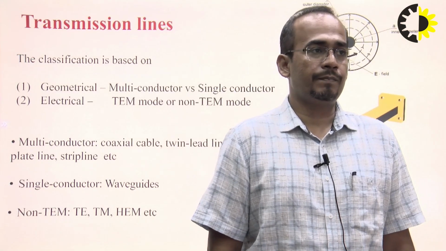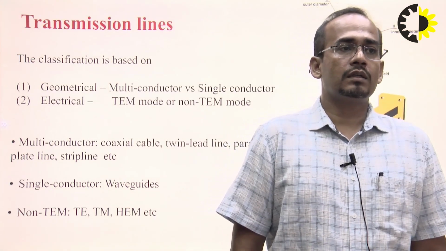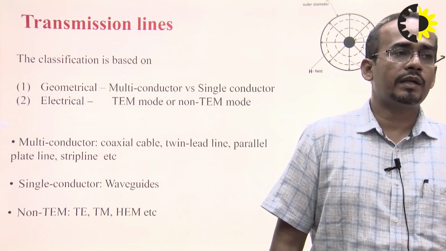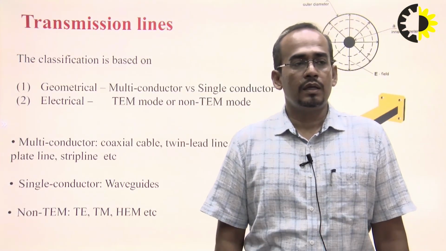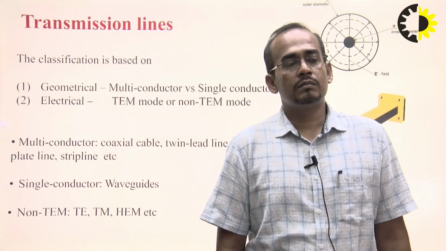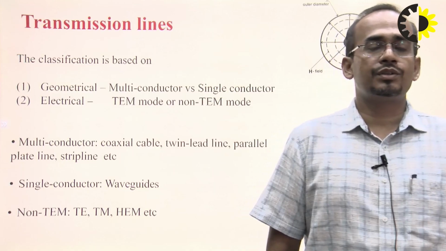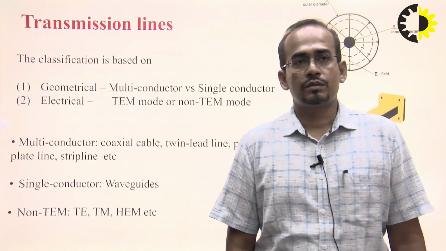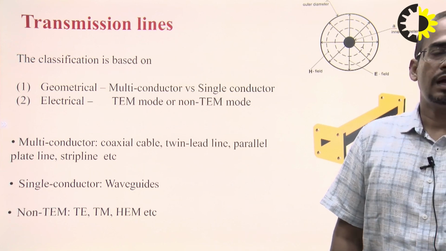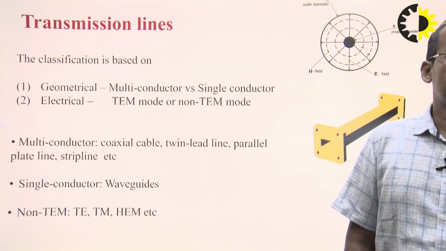Examples of multi-conductor are coaxial cable, twin lead line, parallel plate line, strip line, etc. And single conductor are waveguides, with non-TEM modes, that is TE mode, TM mode, HEM mode, etc. This is the figure for the waveguide, and you can easily see this.